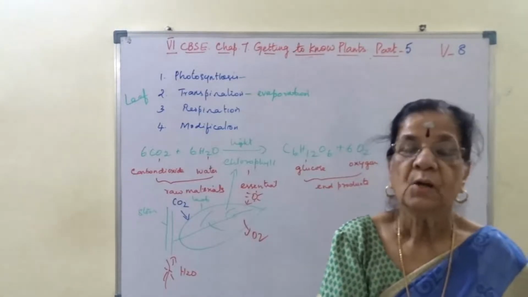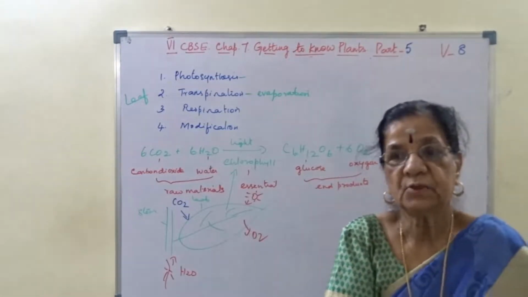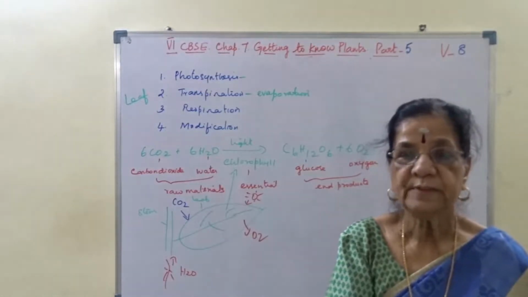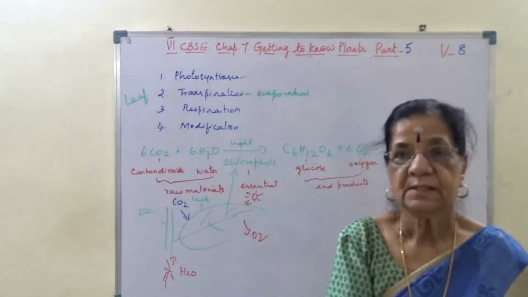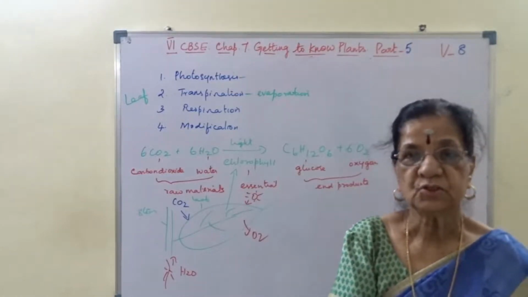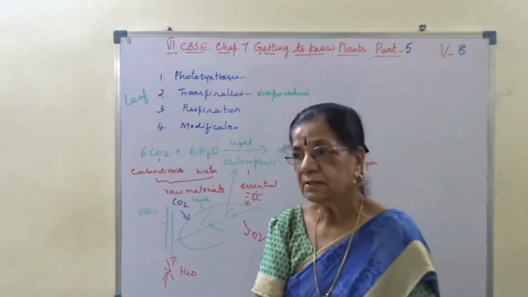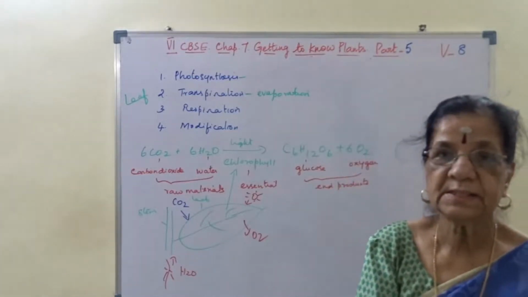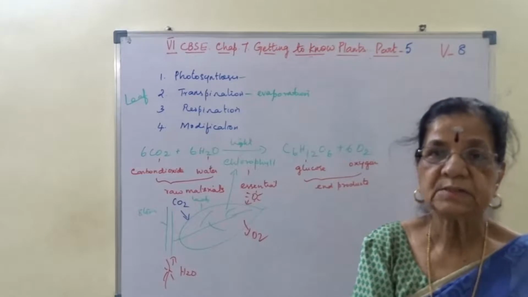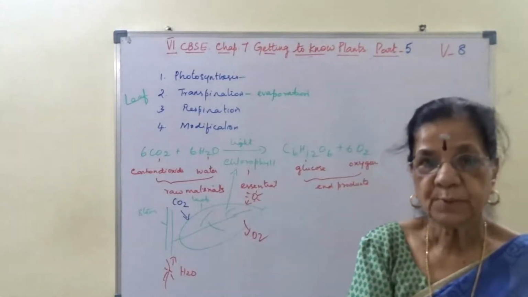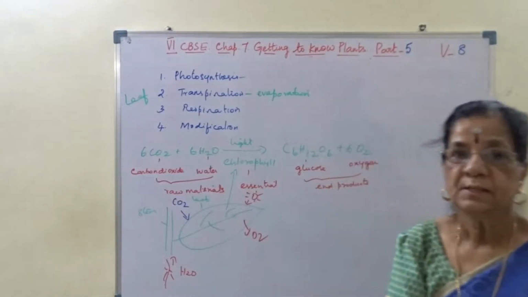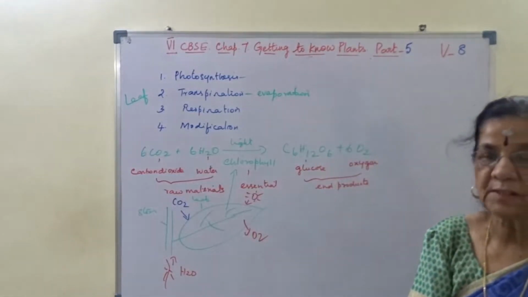Whatever amount of water is required, that alone will be taken up by the green plant for the process of photosynthesis. The remaining excess water is evaporated in the form of water vapor. That is called transpiration.